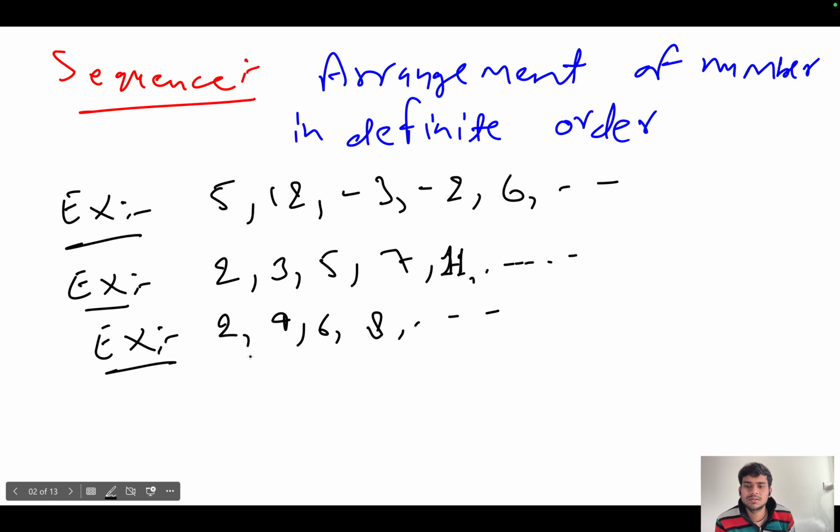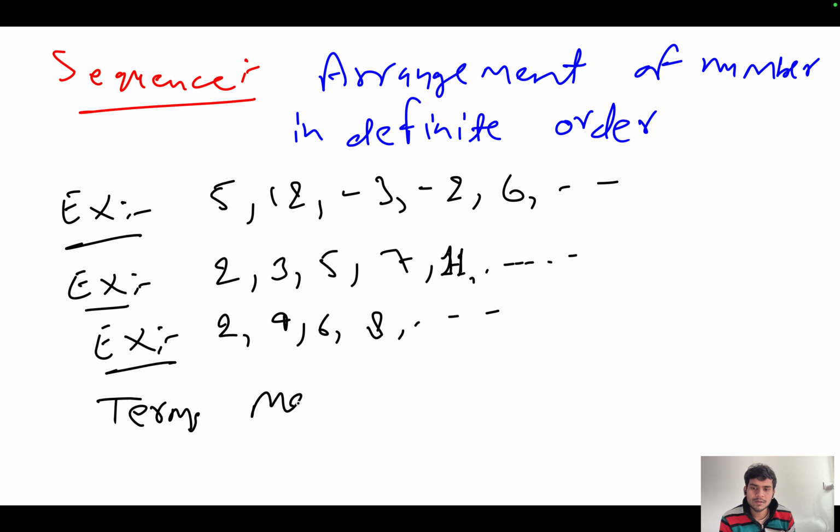In this other example, the numbers follow a pattern: 2 plus 2 is 4, 4 plus 2 is 6, 6 plus 2 is 8. So for a sequence, terms may or may not follow a pattern.